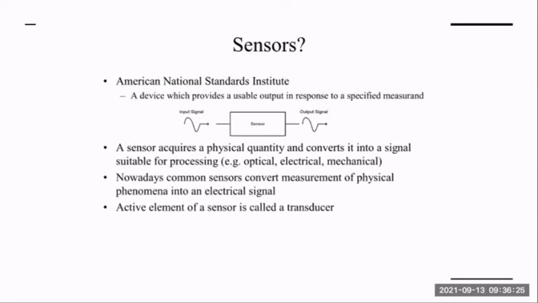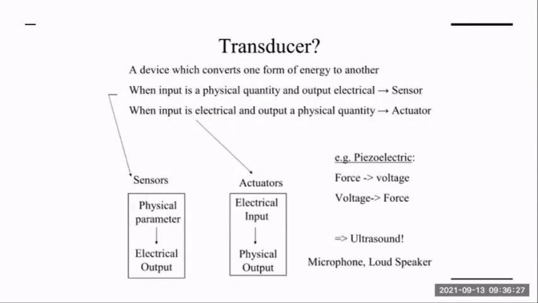The active element of a sensor is called a transducer. What is a transducer? A transducer is a device which converts one form of energy to another. In our case, where we are trying to process signals, usually any energy is converted to electrical energy, because electrical energy is what can be processed by our devices.